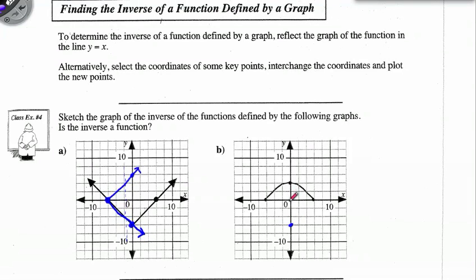We are at 0, 4, so that becomes 4, 0 right here, and this is 6, 0, so 0, 6, the other point here, and we end up with a similar graph, and it will look something vaguely like that. Now, is that a function? No, because again, a vertical line test goes through it more than once.